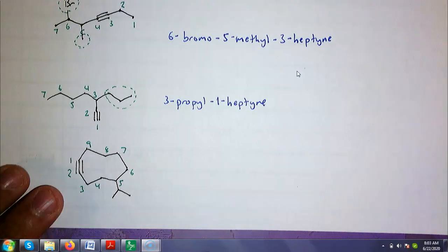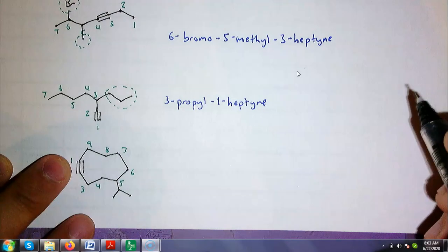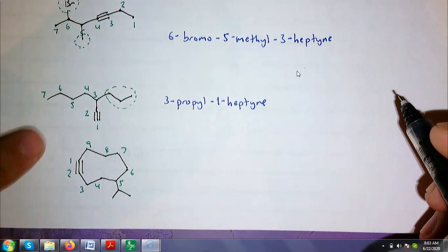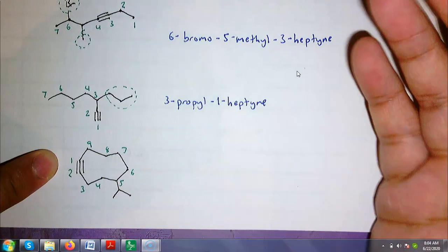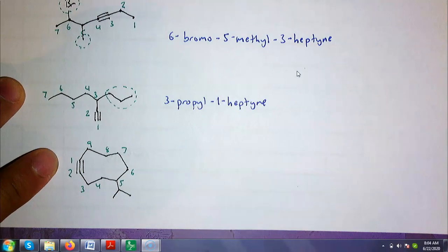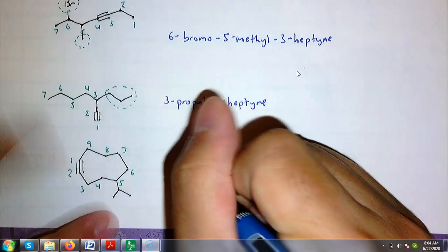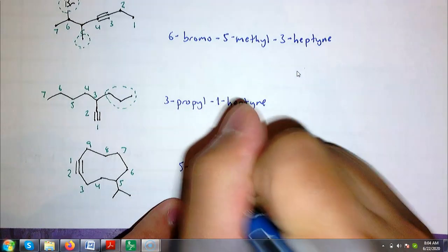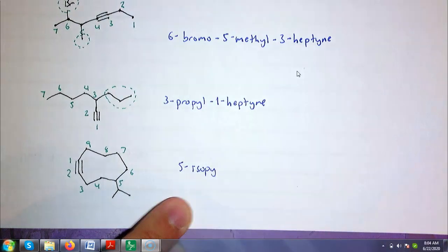When you have a multiple bond, like a double bond or a triple bond within the ring, that multiple bond is automatically carbon number 1 if you have just one multiple bond. So there's no need to number where the triple bond is, but we do need to number where the isopropyl group is.